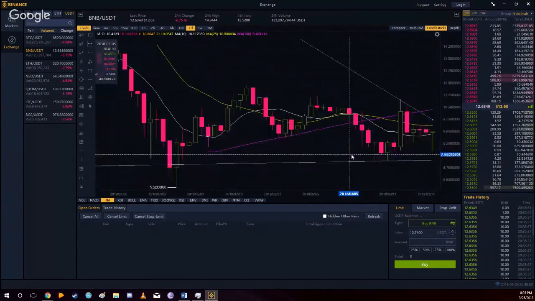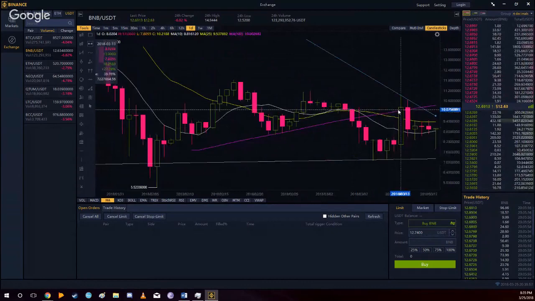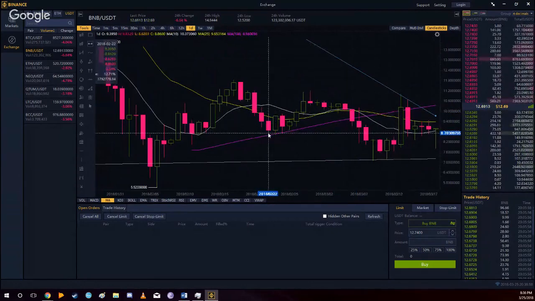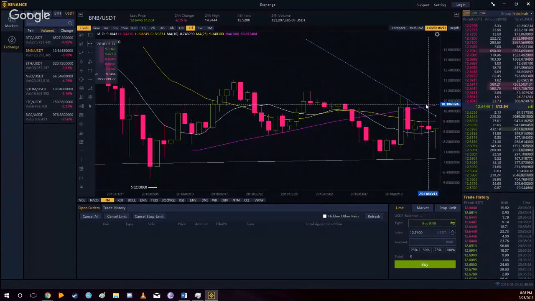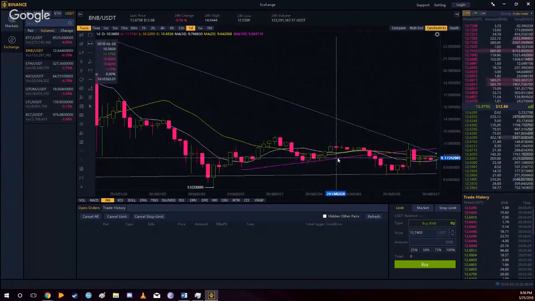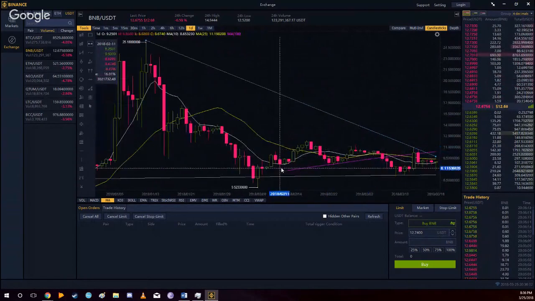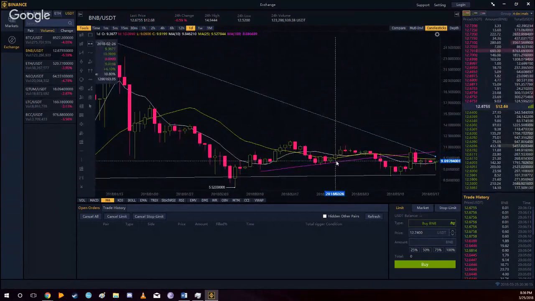And what a surprise! You see that this MA 100 is also showing me the current resistance, the major resistance for the last 3 months, maybe even longer than 3 months.